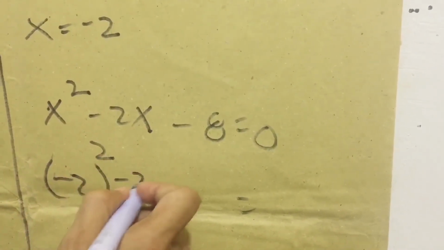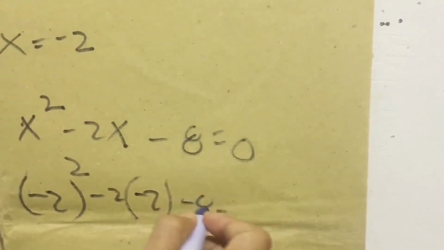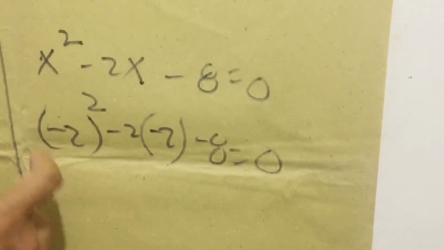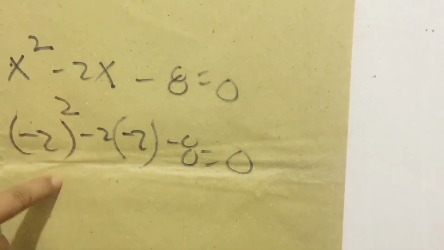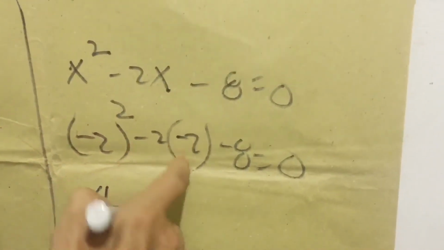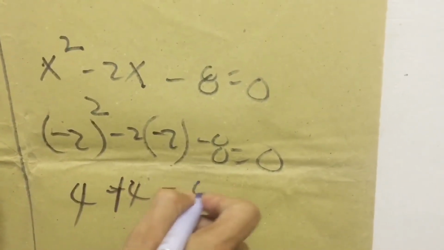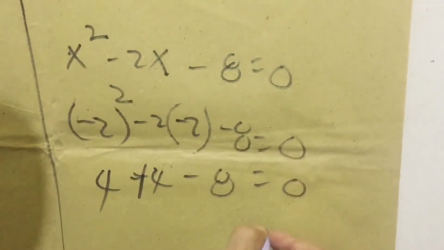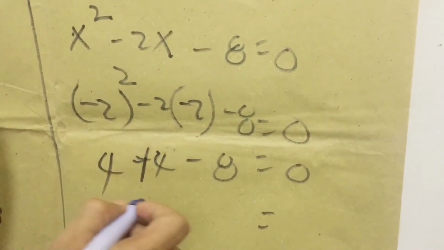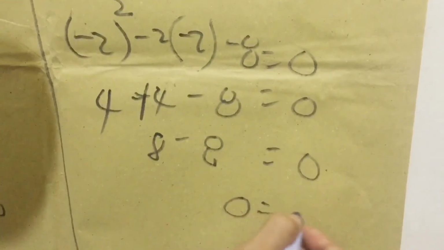Negative 2 squared, minus 2 times negative 2, minus 8 equals 0. Then we are going to extract the exponent. Negative 2 times negative 2 equals positive 4. Negative 2 times negative 2 equals positive 4. Then minus 8 equals 0. Then 8 minus 8 is 0, equals 0.